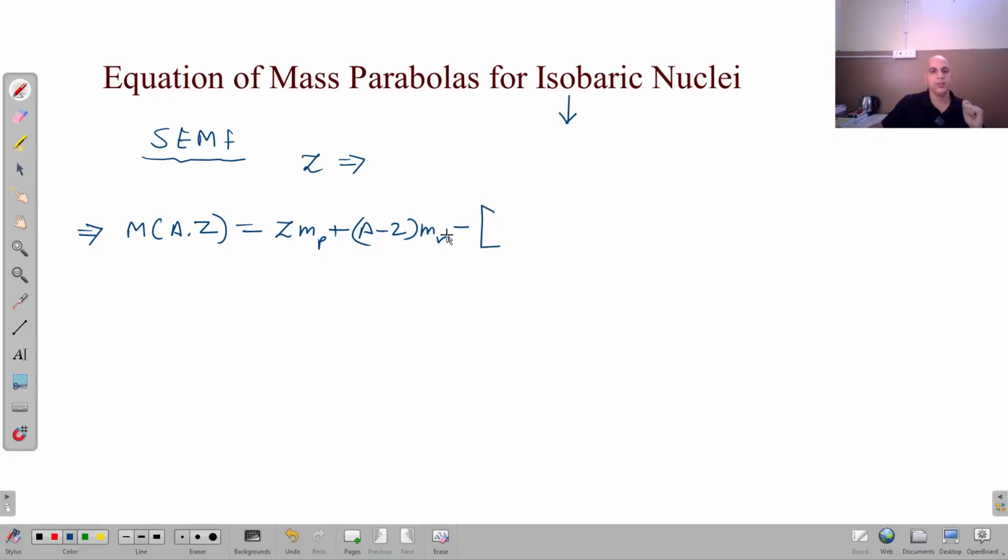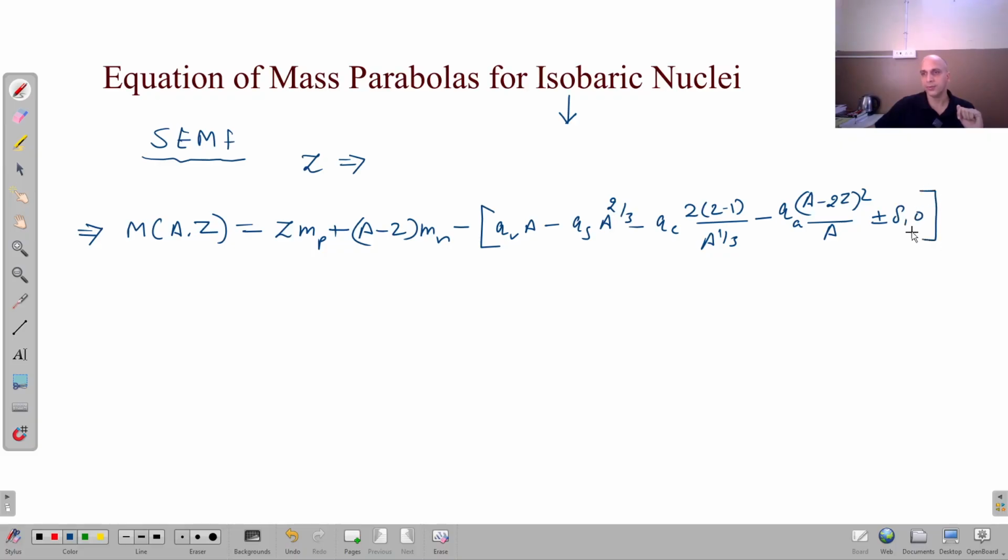Minus the terms of binding energy, that is volume energy term into A, minus surface energy term A power 2 by 3, minus Coulomb energy term Z into (Z minus 1) divided by A power 1 by 3, minus asymmetry energy term into (A minus 2Z) whole square divided by A, and plus minus delta 0, that is the pairing energy term. Let this be equation number 1.